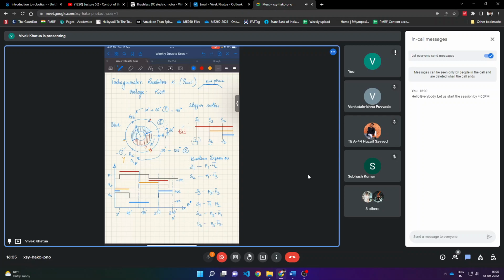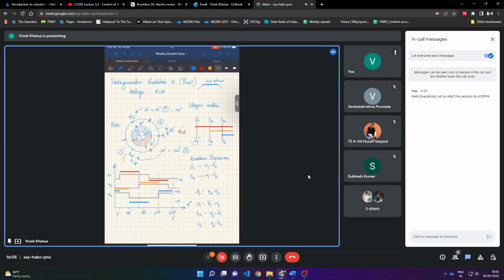So how the motor construction is done for a BLDC, like sir had explained, is that there is 180 degrees of north pole. Here there is south, here there is north.